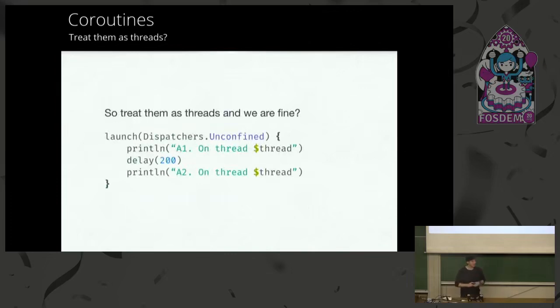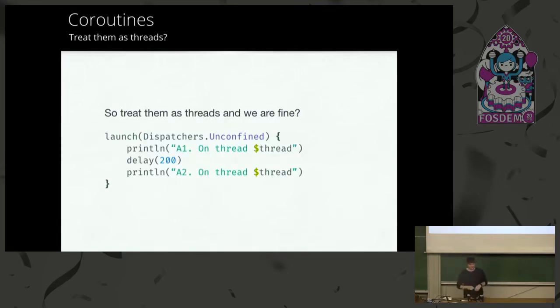Someone mentioned the unconfined dispatcher as well, and I think it should be renamed to whatever. It just follows along, because here we have our function main, so we're running on the main thread, and when you get into a coroutine with unconfined, it says, okay, you're on the main thread, I'm just going to tag along. I don't care.